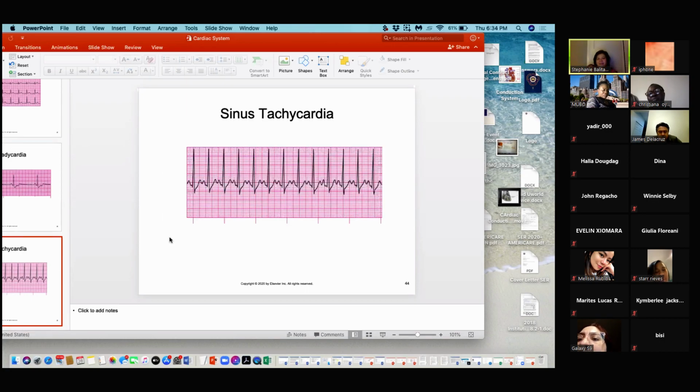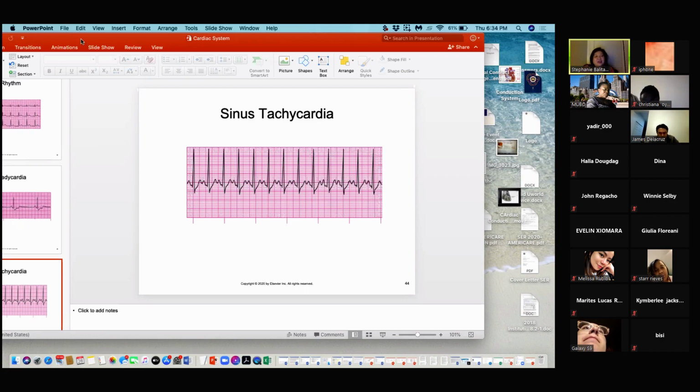What about this? This is tachycardia. So you just count the beats: 1, 2, 3, 4, 5, 6, 7, 8, 9, 10, 11, 12, 13. Times 10 is 130. So that is tachycardia, right?